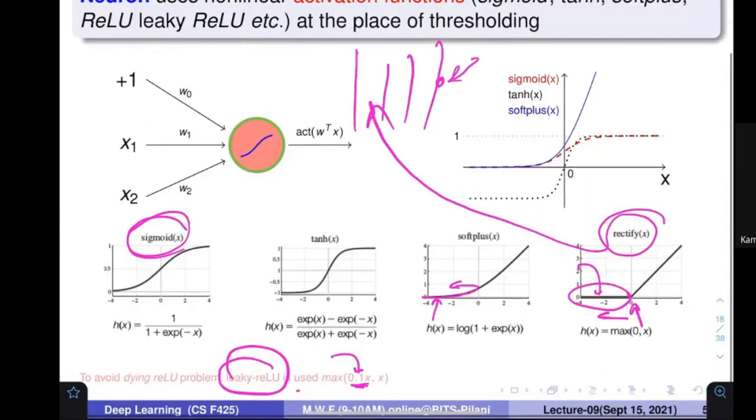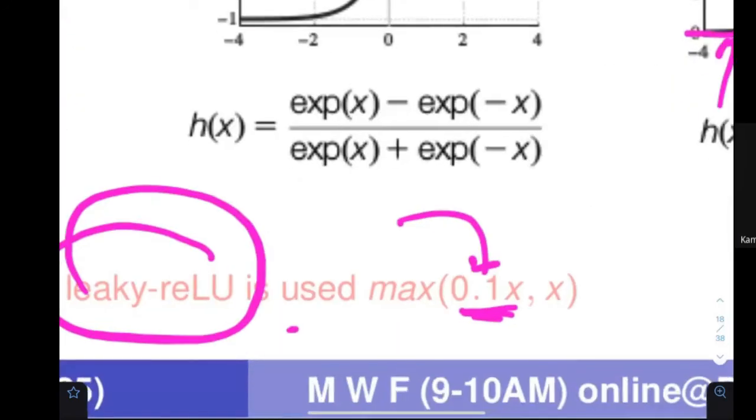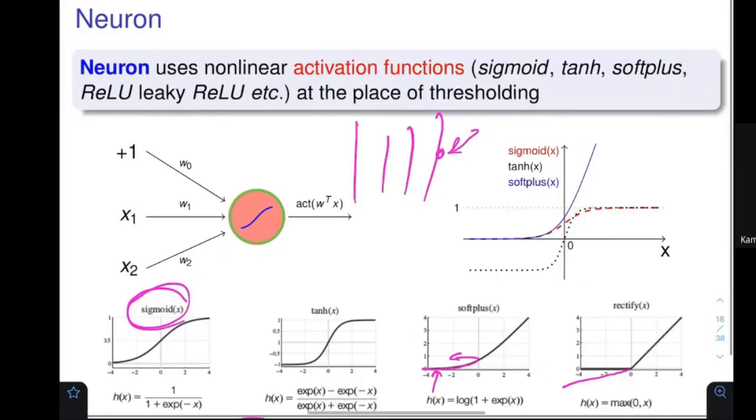If I use leaky ReLU, the equation would be small like this kind of circuit. So here also there would be learning. So instead of ReLU, we are going to use the leaky ReLU. Any questions on that?